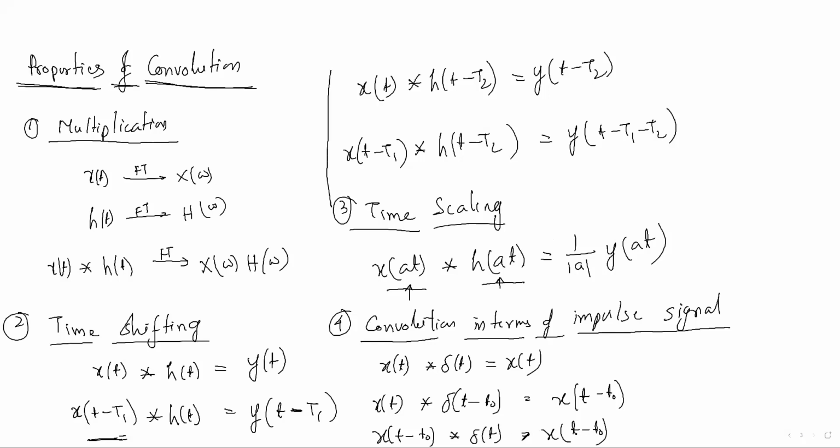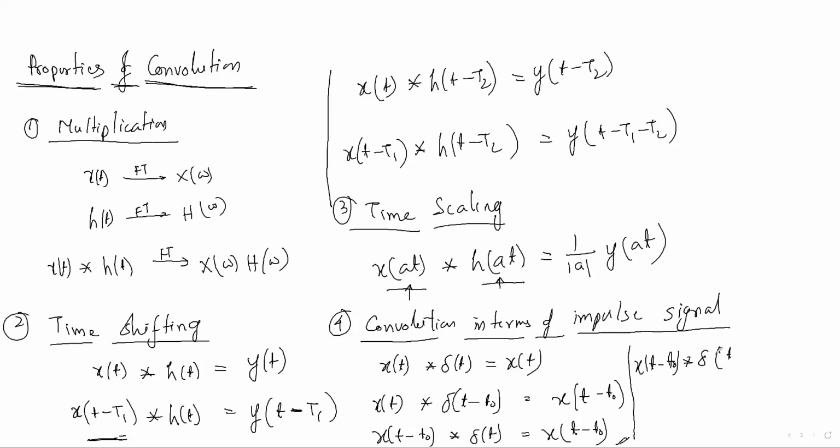So this thing, what I am talking about, the fourth property: x of t minus t naught convolved with delta t. If you convolve these two, our same signal x of t will be represented with the shifted version. The fourth one also is, if you take a shifted version in both signals, x of t as well as the delta signal.